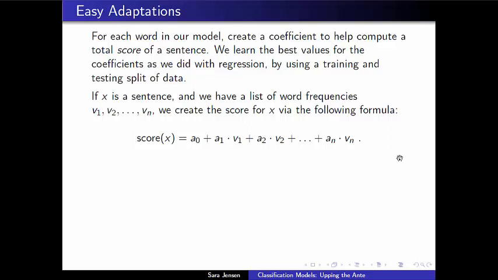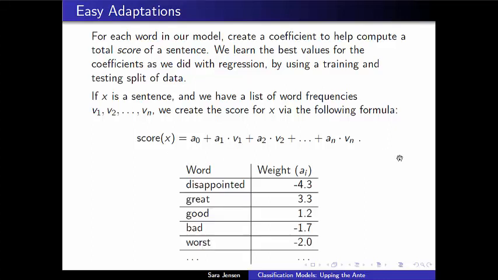So that's where we're going to start with our model, and I've given a little example of what that's going to look like right here. I've called the A sub i's weights in this model, and we could see that a word like disappointed, which is very negative and extreme, could maybe have a very high weight, but given this negative association, and then a word like great would have a larger weight than a word like good. Bad might be negative, but worst would be a larger negative number. So that's the first change we're going to make.